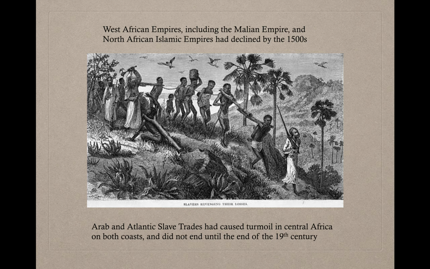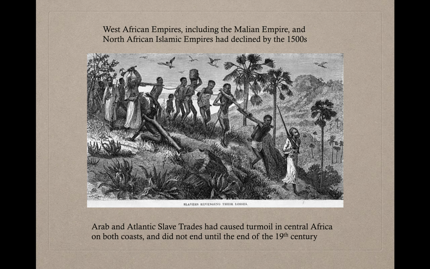By the time the 1500s had come around, the North African Islamic empires were in decline. West African empires like the Malian Empire were also in decline. A lot of this is just timing. Empires tend to become more corrupt as they grow older and more difficult to run.